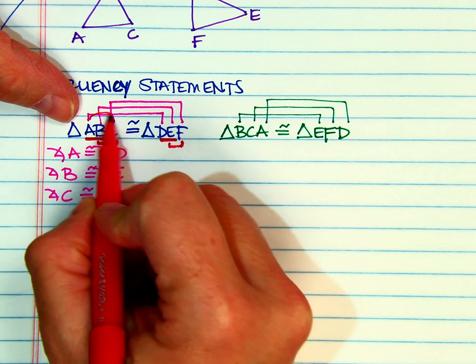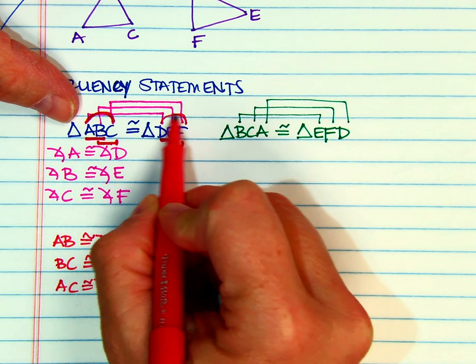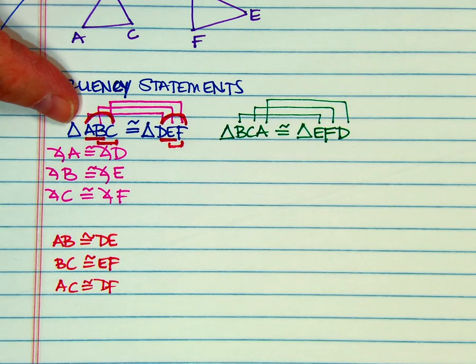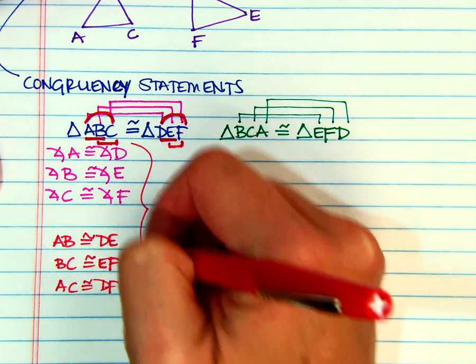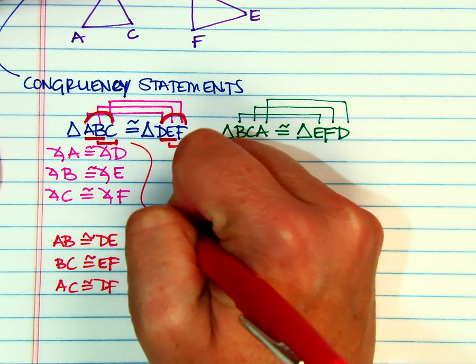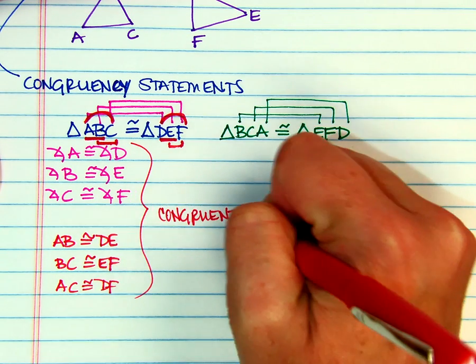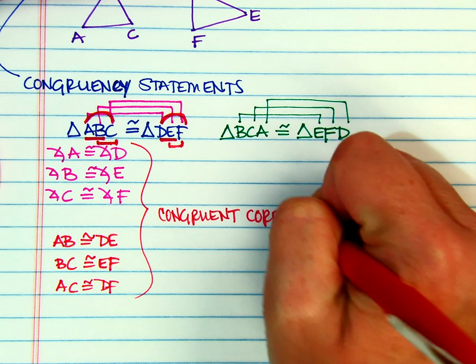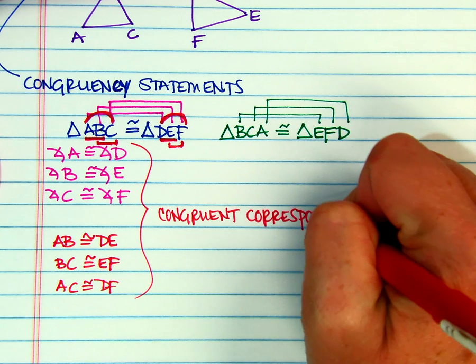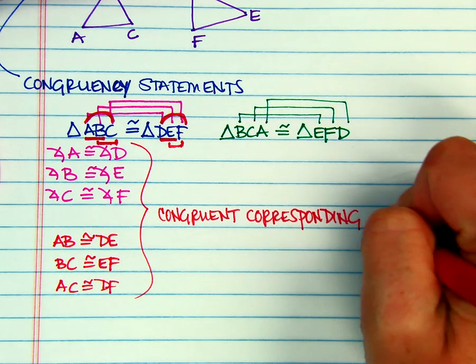So first and last letter and the first and last letter. Okay, so these are called the congruent corresponding parts.